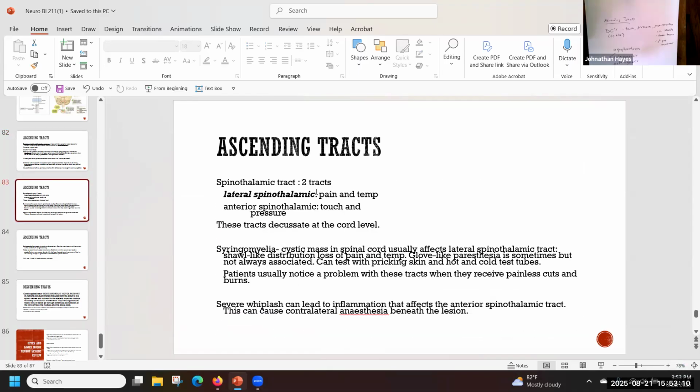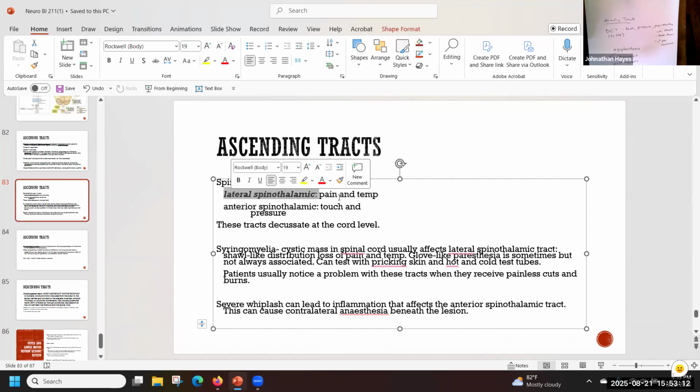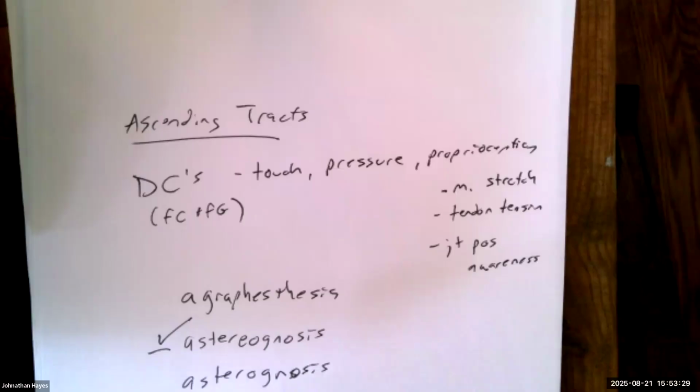The lateral spinothalamic tract was one of the ones that we had gone over, and that picks up pain and temperature. So it's pretty easy to test. I probably showed you in class a long time ago the sharp dull test, where you take a cotton swab and break it in half, and you end up having a sharp end and a dull end.